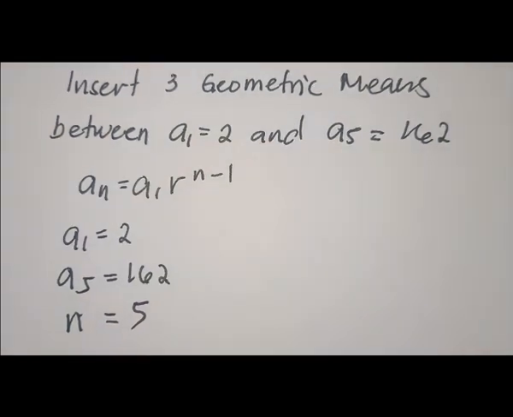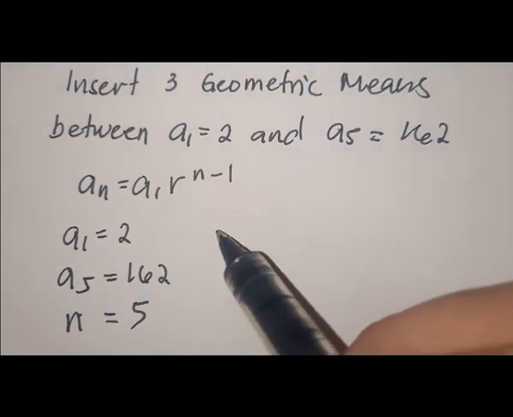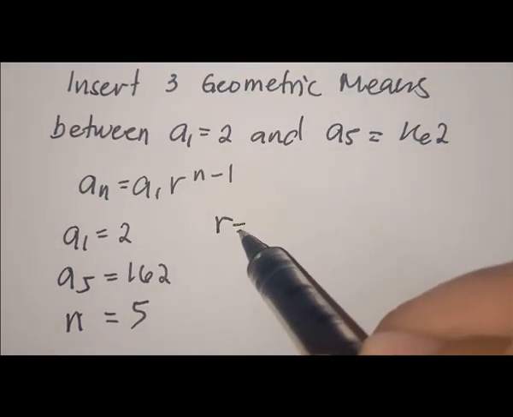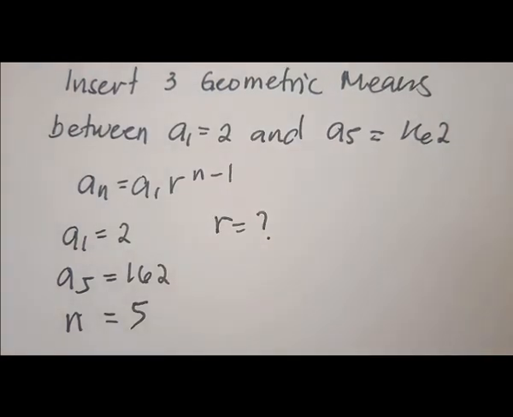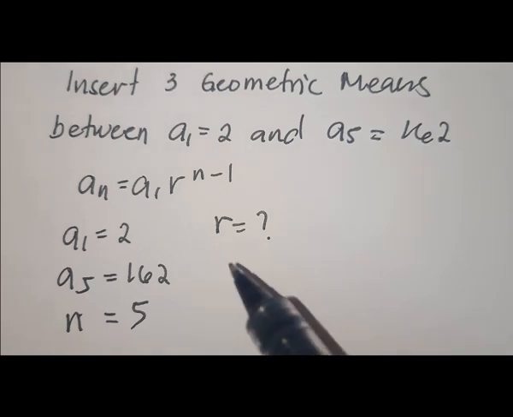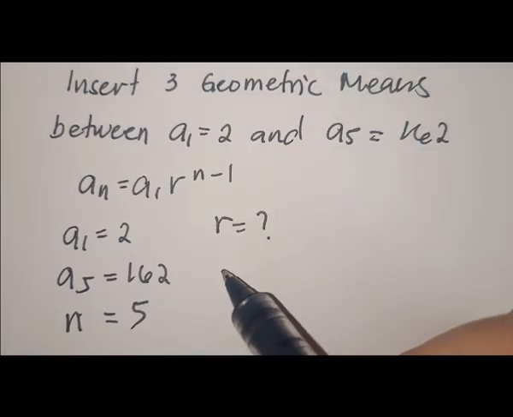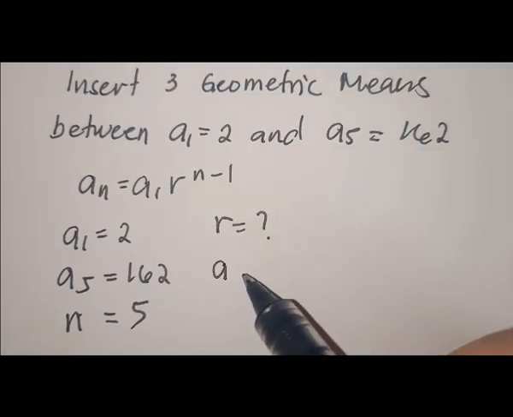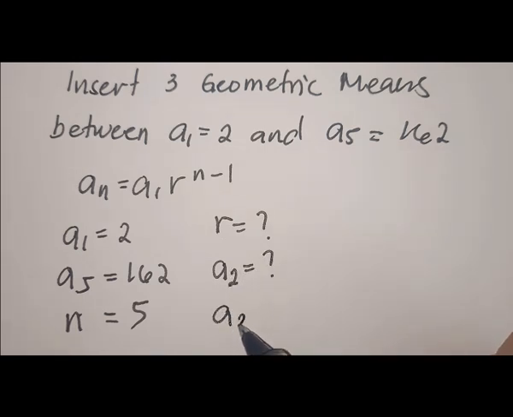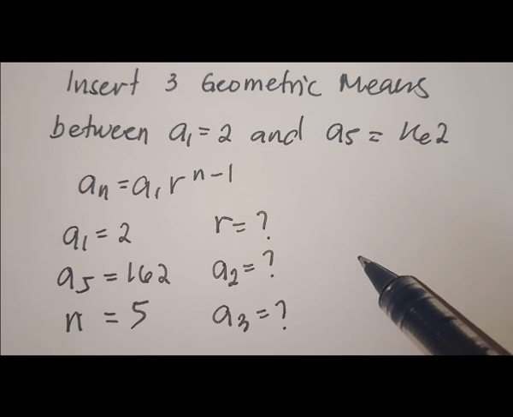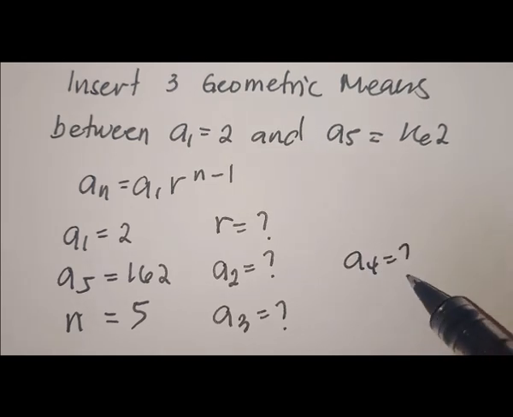So, para mahanap natin yung 3 geometric means, syempre, kailangan muna nating malaman yung value ng kanyang common ratio. What will be the value of r for this? Kapag nakuha na natin yung value ng r, saka na natin makukuha yung value ng a sub 2, a sub 3, and a sub 4.